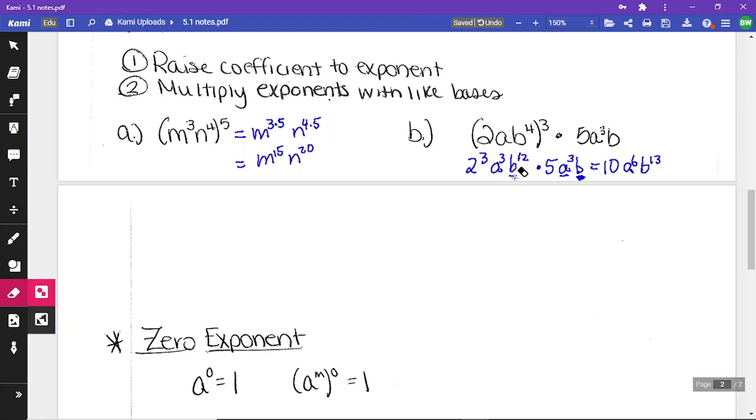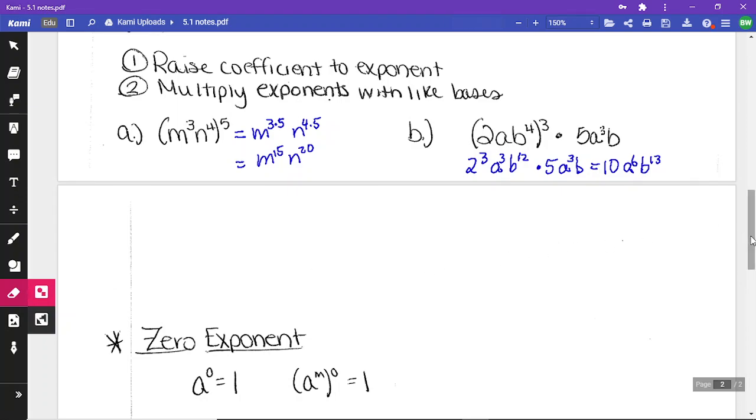I'm just going to erase those underlines. Just checking my arithmetic there, exponent arithmetic.